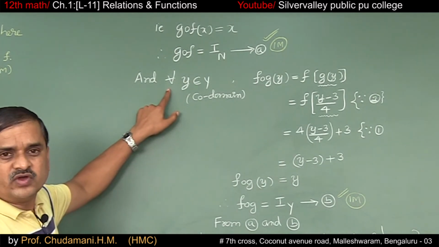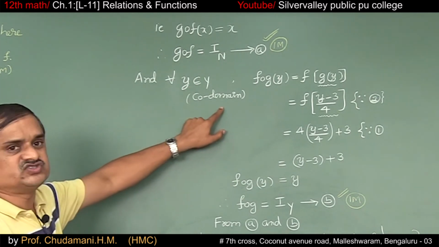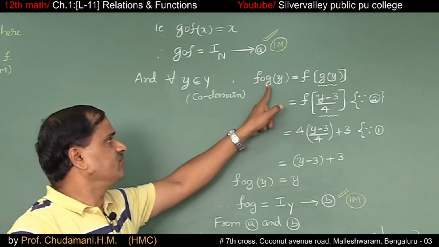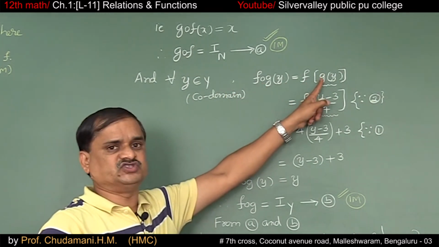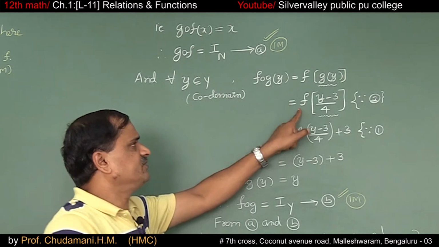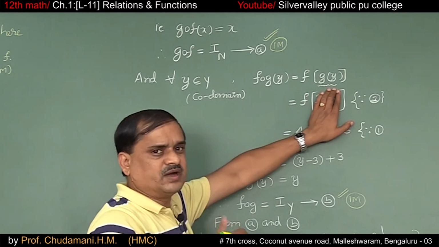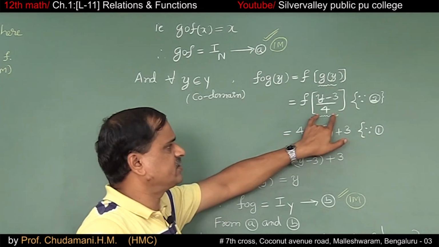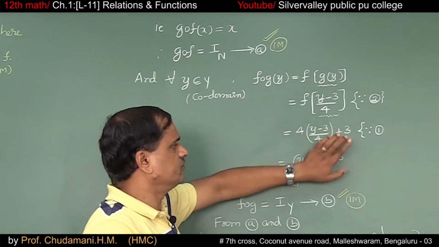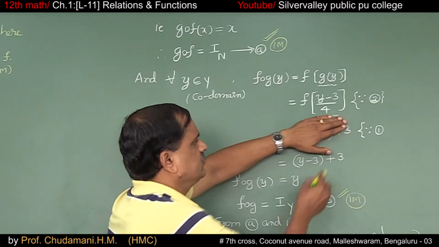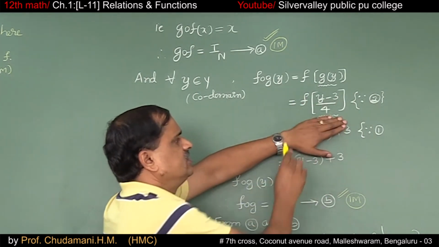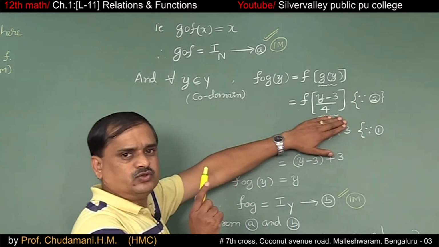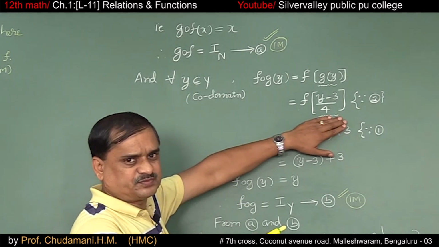And for all y belongs to capital Y, that is the codomain, FoG of y is equal to F of G of y. That is F of, what is G of y? Observe the equation 2. So that is y minus 3 divided by 4 using equation 2. This is of the form F of x. F of x means what? Using equation 1, 4x plus 3.